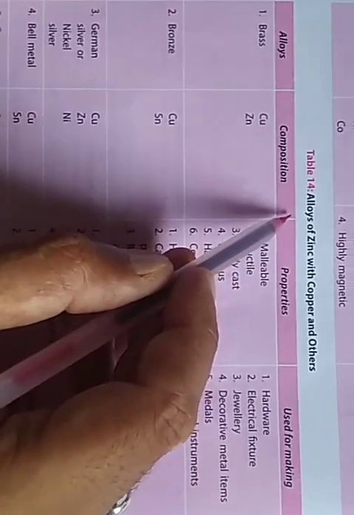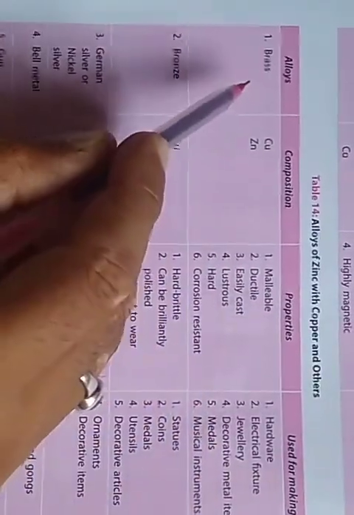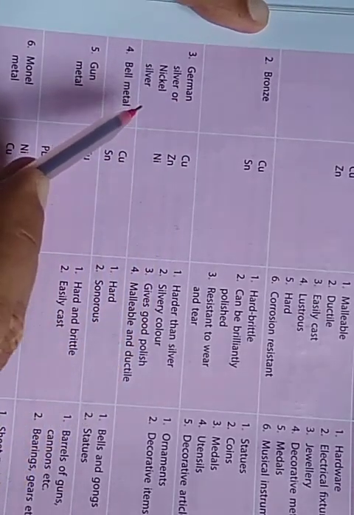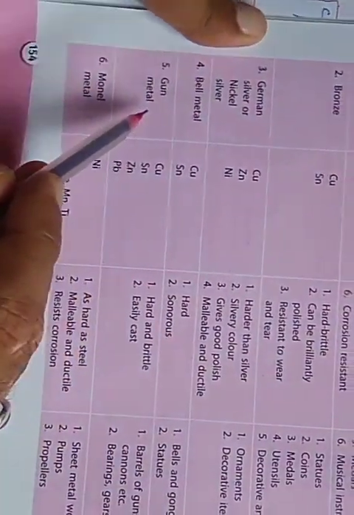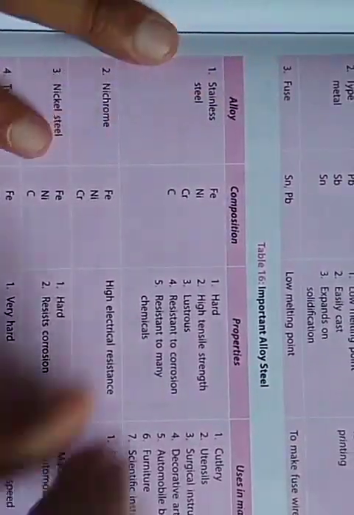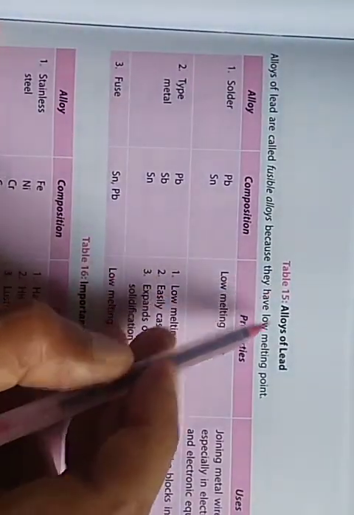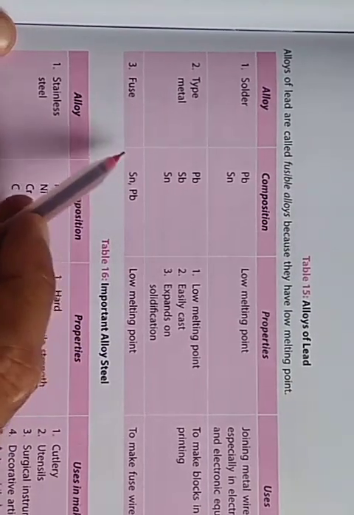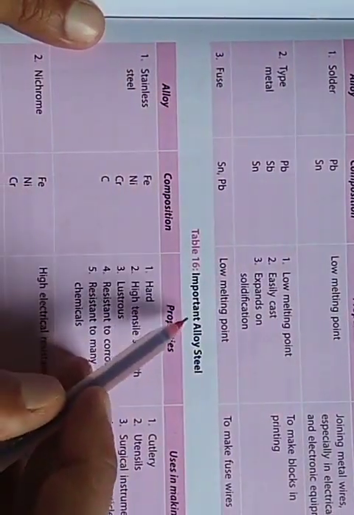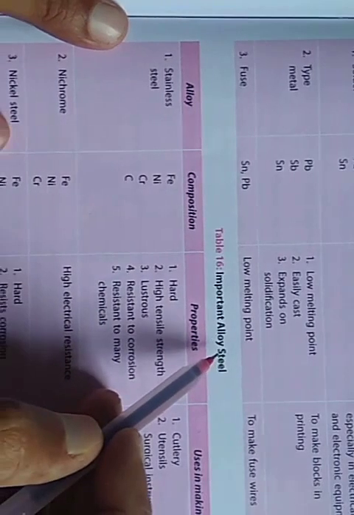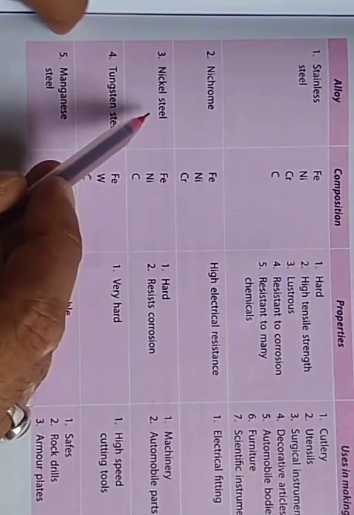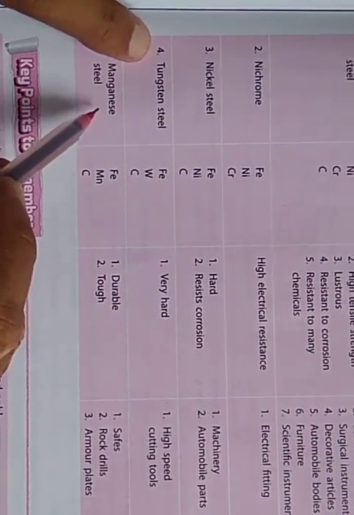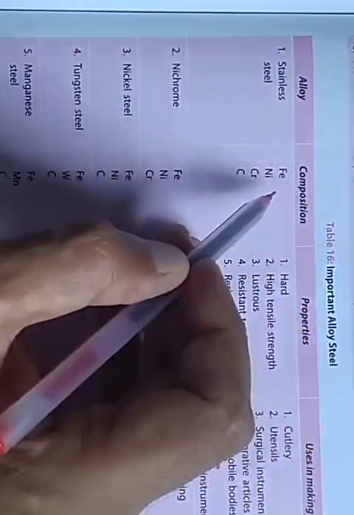In table number 14: alloys of zinc and copper and others, such as brass, bronze, German silver, nickel silver, bell metal, gun metal, monel metal. In table number 15: alloys of lead, such as solder, type metal, fuse. In table number 16: some important alloys of steel, stainless steel, nichrome, nickel steel, tungsten steel, manganese steel, and their constituents and compositions.